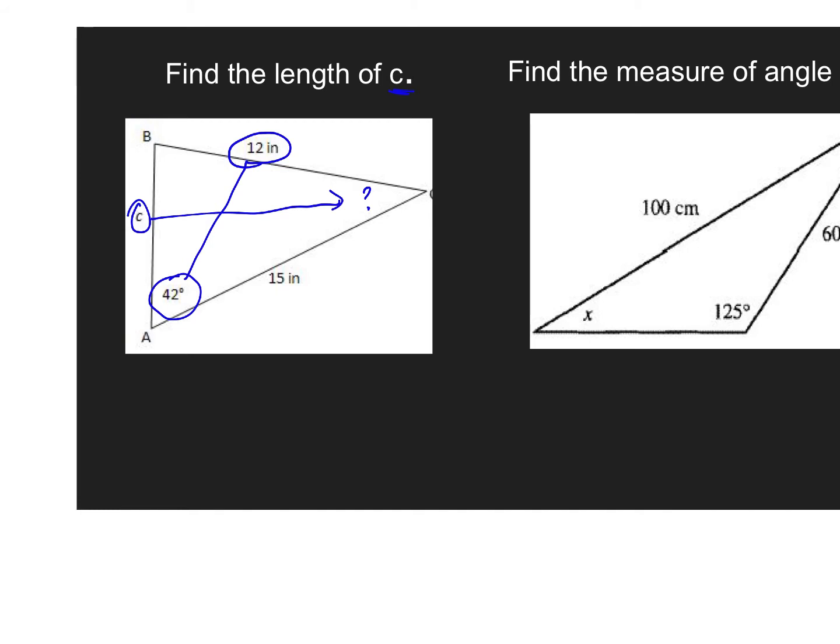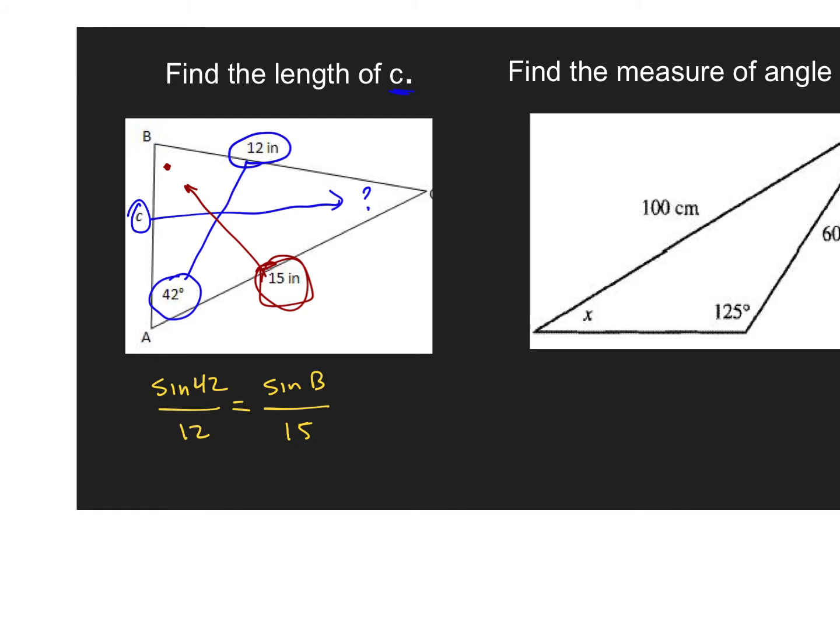What I do know is that this is 15. So if I know that this is 15, I can actually figure out this angle B right here, and all I'm going to do is use Law of Sines. So here's how it works. I know that the sine of 42 over 12 will be equal to the sine of B over 15.